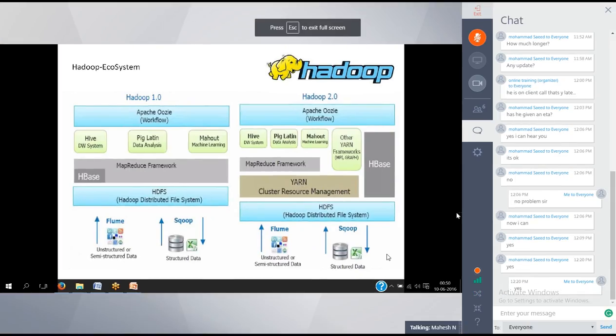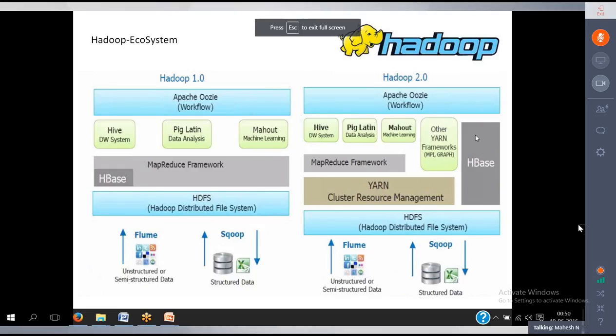Okay. Now talking about further components, whenever there is a request coming from our workflow, who will be the point of contact? For example, we 4 are in a group right now. I want to send a request from Mohammed. As you said earlier, we have something called a word count example. What does the word count example do? It counts how many specific words are available in my cluster, how many times, and what the counting strategy is.